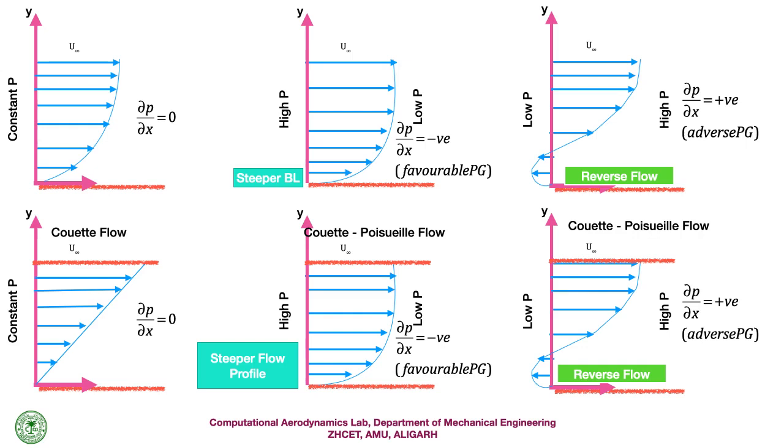We have seen the reverse flow before also, and you can fairly conclude that reverse flow occurs when the pressure gradient is adverse. That is one of the primary conditions for the occurrence of reverse flow.